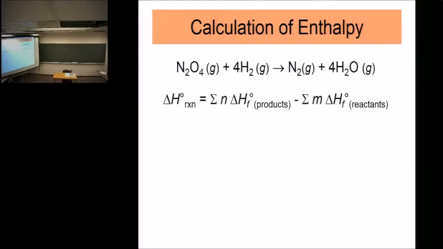This is 13. Are the values on the table in kilojoules or just joules? It's in kilojoules. Oh, okay. Thank you. It's 2 columns. Thanks.